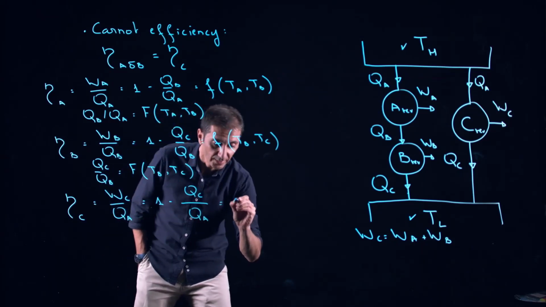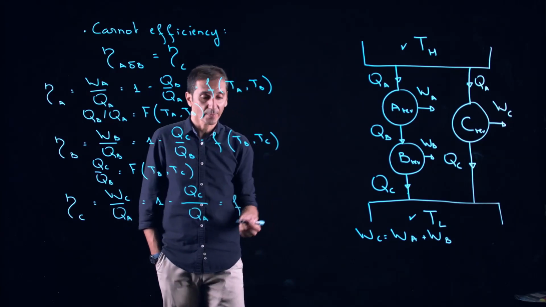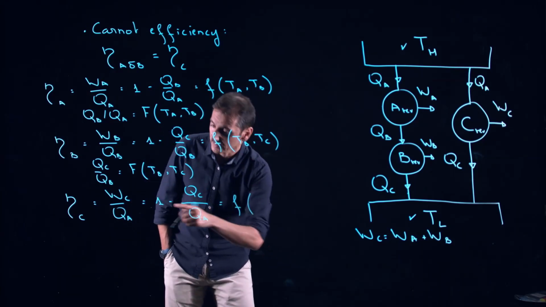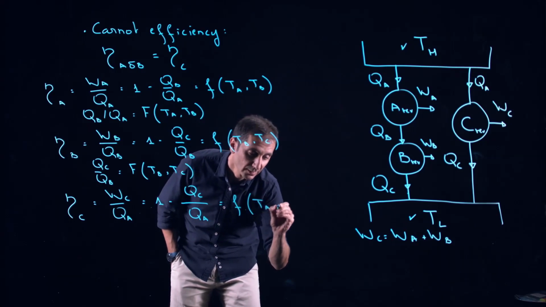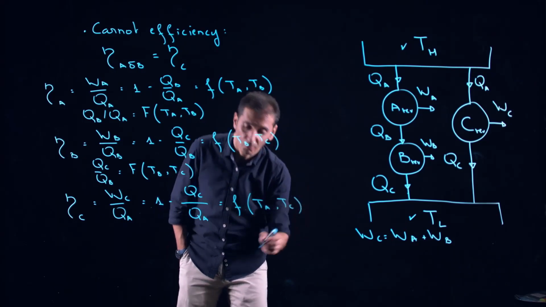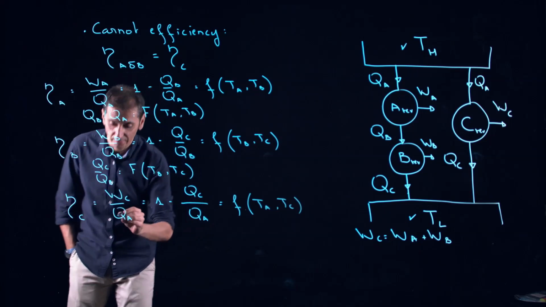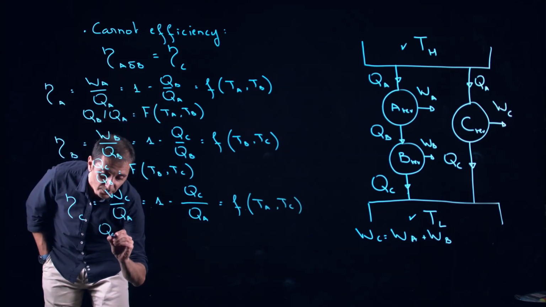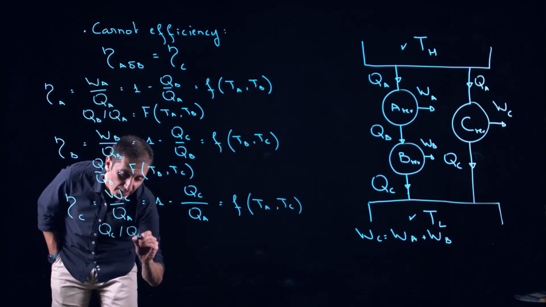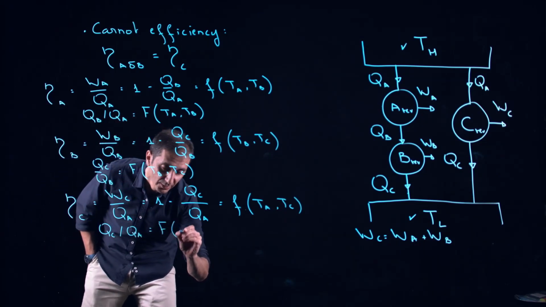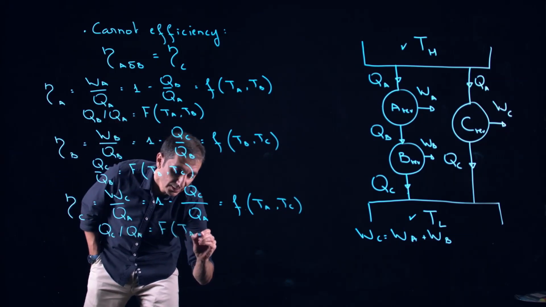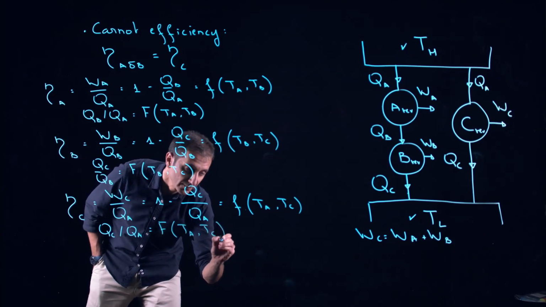And this is equal to a function of TC and TA, or this ratio QC over QA is equal to a certain function, capital F, of TA, TC.